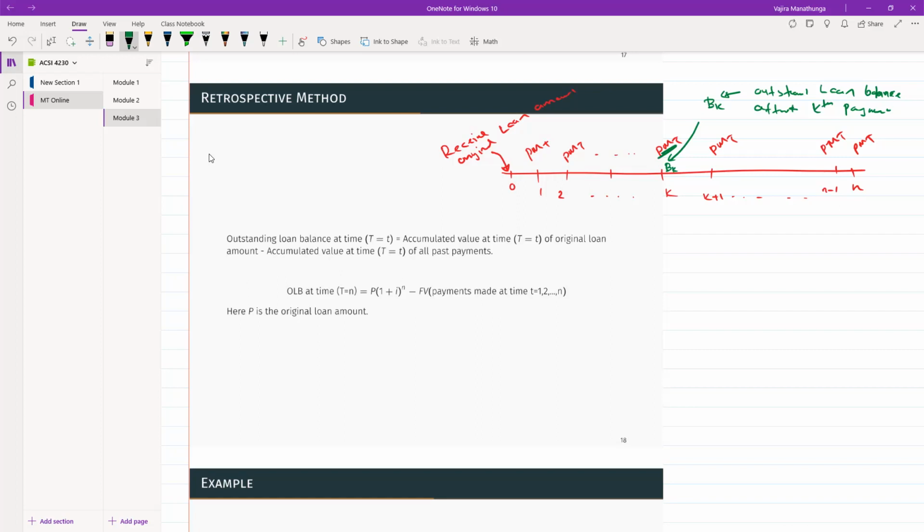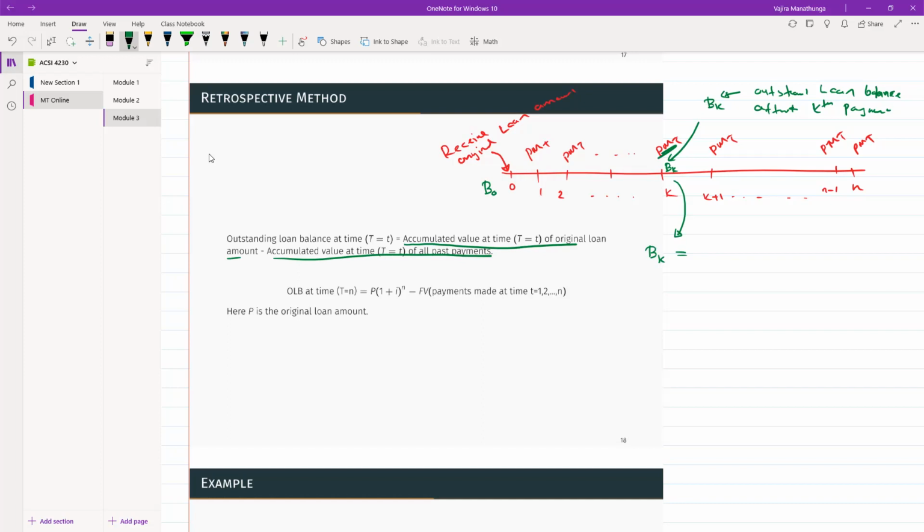Under the retrospective method, you take the accumulated value at time t of the original loan amount minus the accumulated value at time t of all past payments. So let's say this is b0.